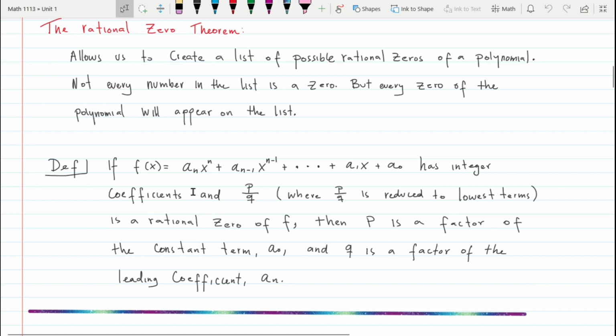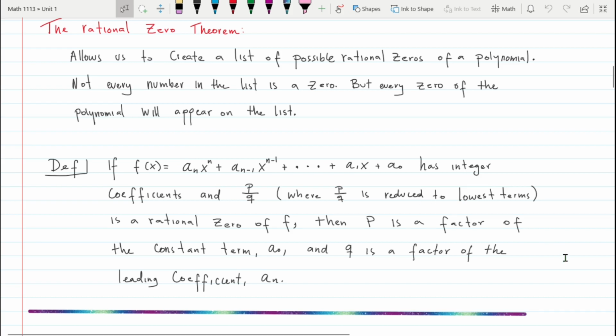So if you have a polynomial of this form that has integer coefficients, and you create this ratio P over Q, where P over Q is reduced to its lowest terms, then we have a rational zero of f if P is a factor of the constant term a sub 0, so the last number by itself, that is the constant term, and Q is a factor of the leading coefficient, which is this first number in here. So that is the textbook definition of it.